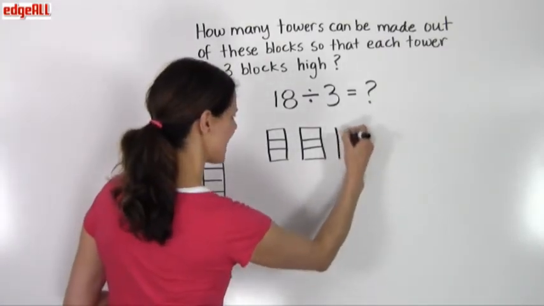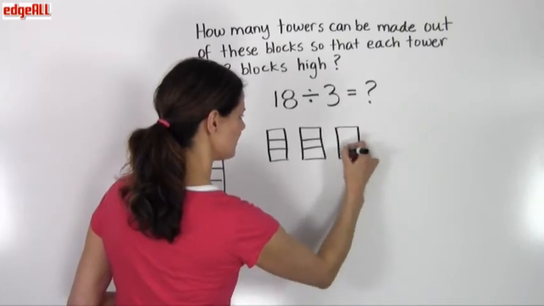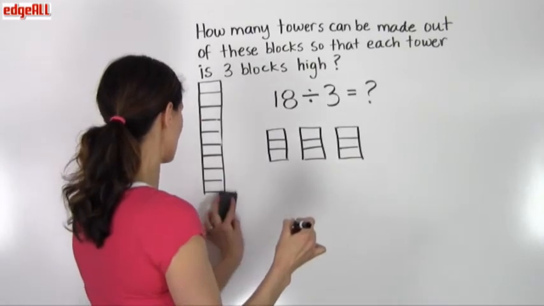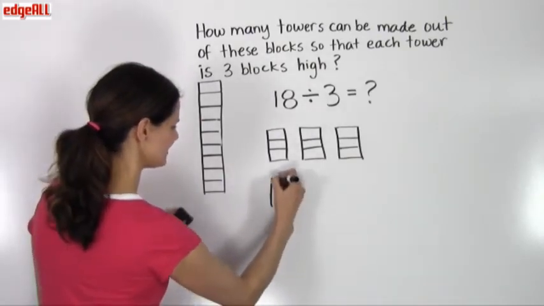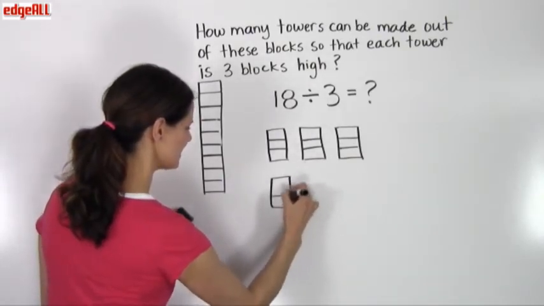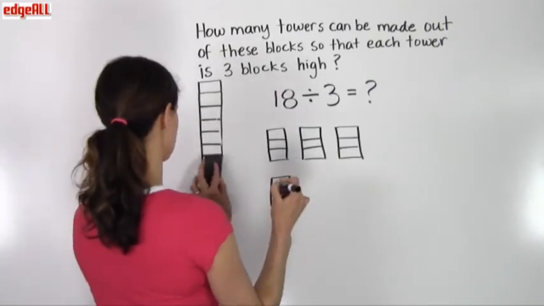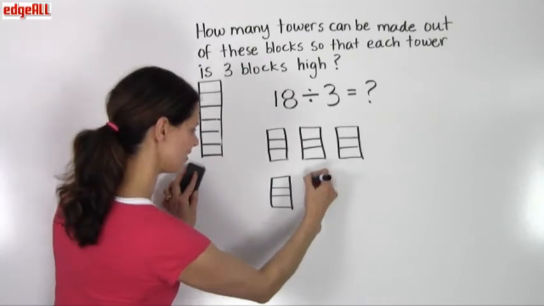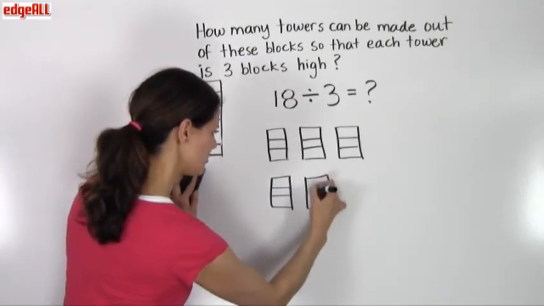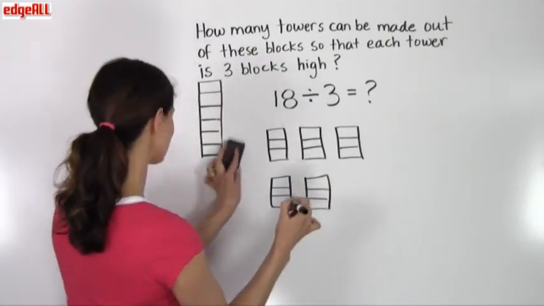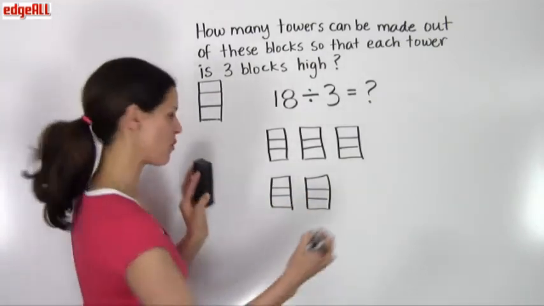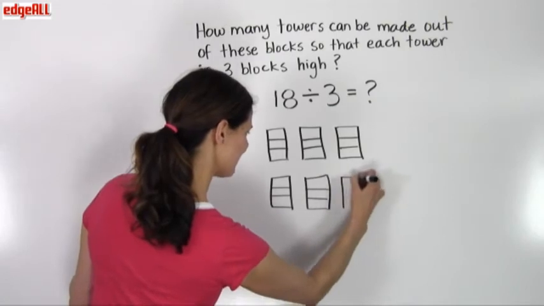I'll do this again, making my little stack of 3, taking 3 away, and another little stack of 3, taking 3 away. Now my big stack is getting smaller and smaller each time I go. So let's do one more stack of 3, and let's see if we can fit. Look at that. We've got enough to make one more stack of 3.